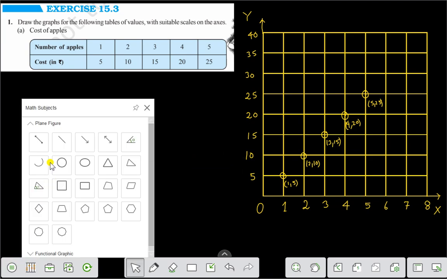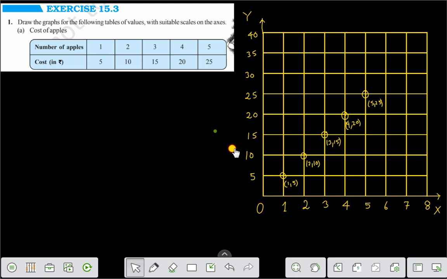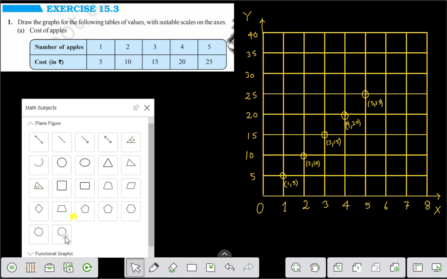If we take this point here, and take this point and draw a straight line, then we get this straight line graph.